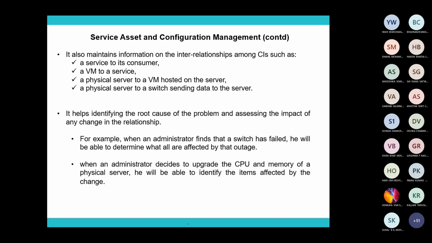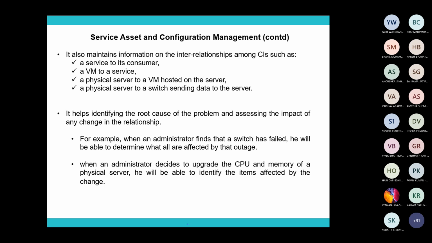Even a physical server can host more than one virtual machine, and each virtual machine may run a different application. So that dependency or relationship is also maintained. And similarly, physical server to switch: which physical servers are connected to which switch.